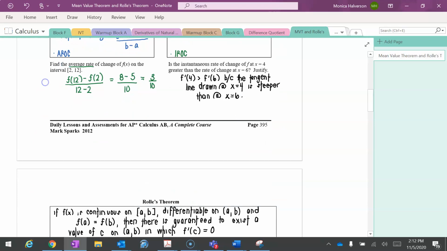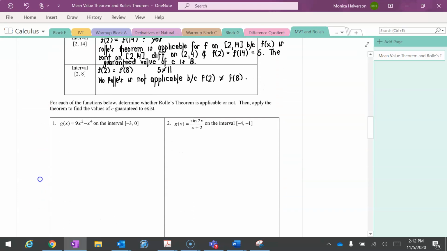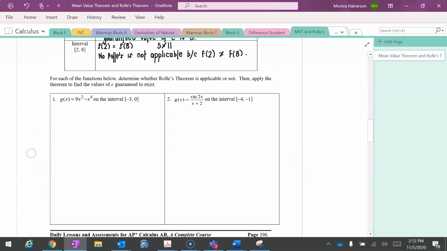All right, so let's look at number 1. Let's determine whether Rolle's theorem is applicable or not, and if it is applicable, apply the theorem to find the values of C guaranteed to exist. So, first things first, is this function continuous? Well, it's a polynomial, so we know it's continuous.